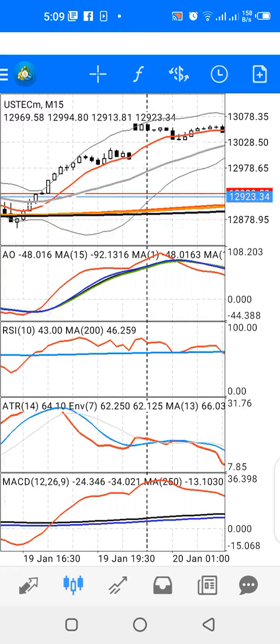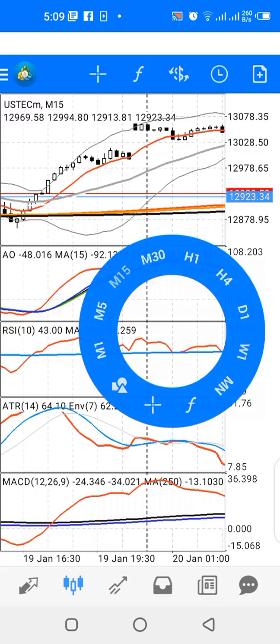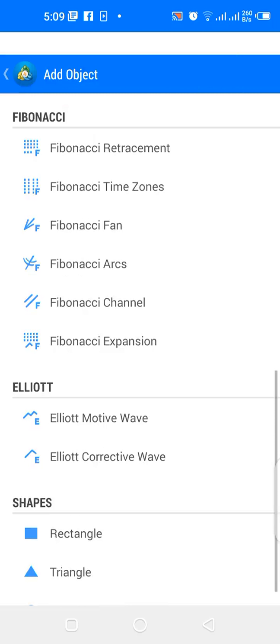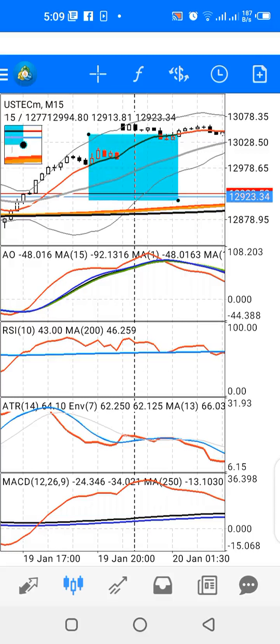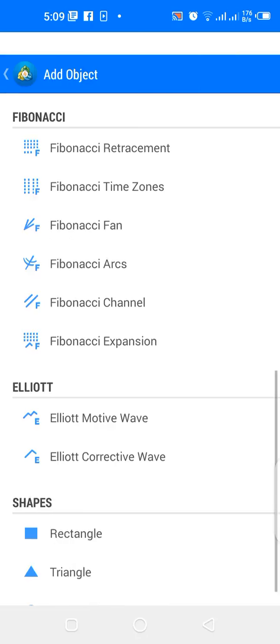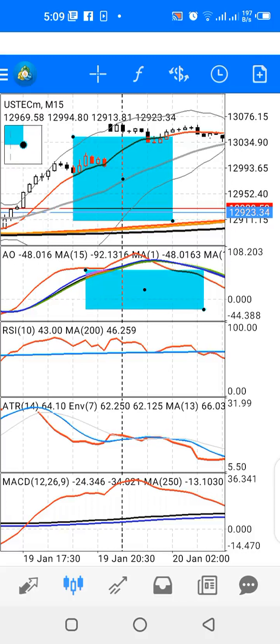Now this strategy, I have MetaTrader indicators on 5 windows. I have the main chart. This is the main chart. I have indicator window 1. This is indicator window 1.